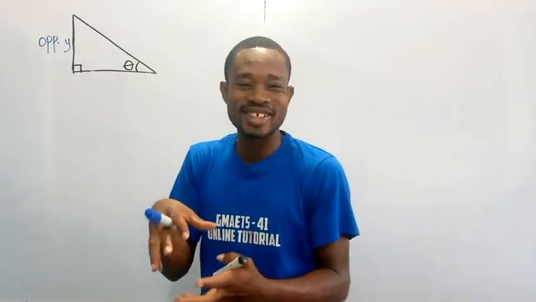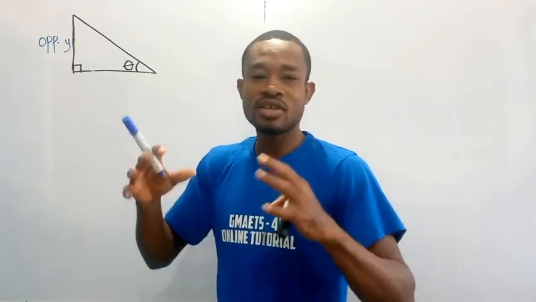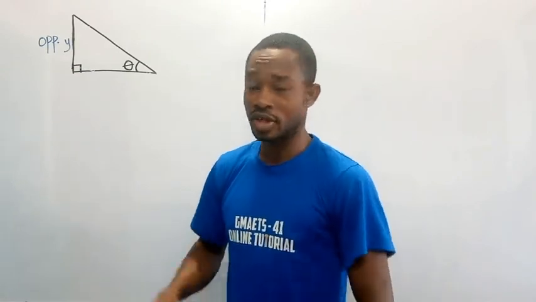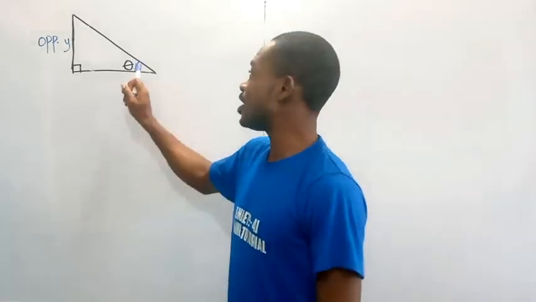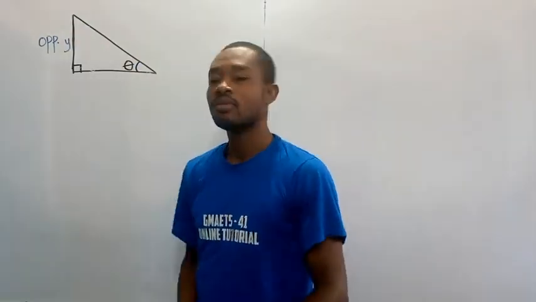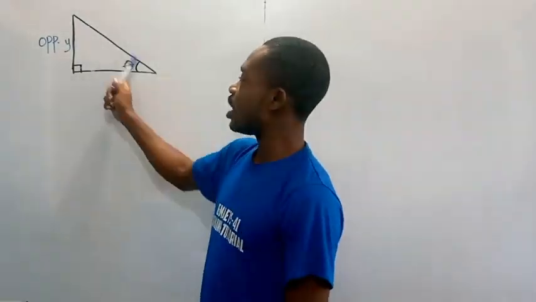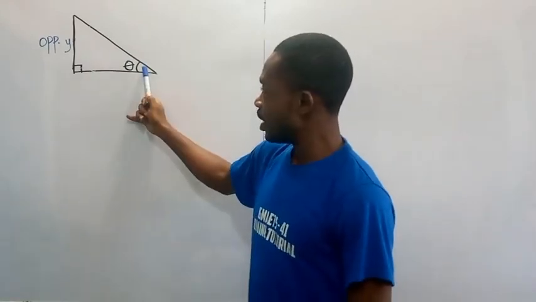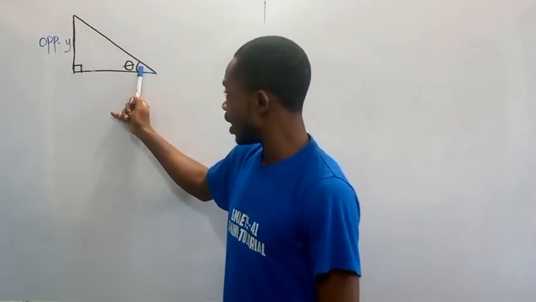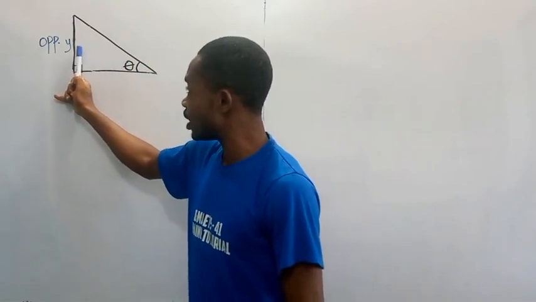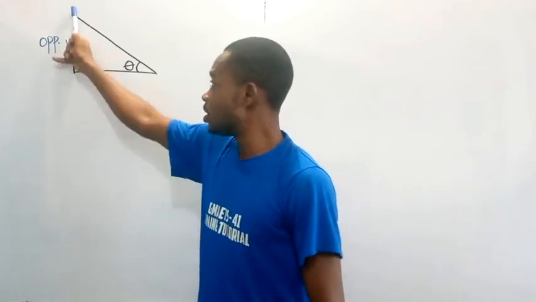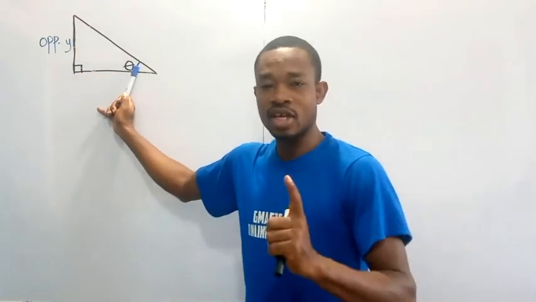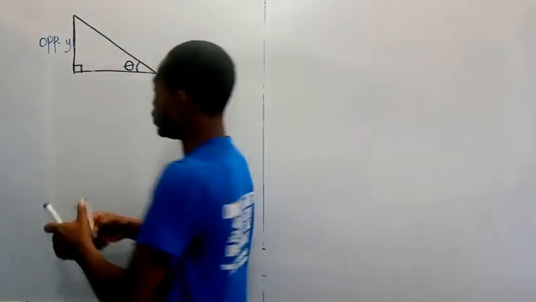It's a special angle that comes with any triangle that is called a right angle triangle. The ones that I refer to as the given angle is either this or this. So the side facing the given angle is the opposite. Now look at this given angle in my diagram. If you trace it, draw a line from that angle there, you see it will touch this side of the right angle triangle. Therefore, this side faces this angle given, and we call it the opposite.